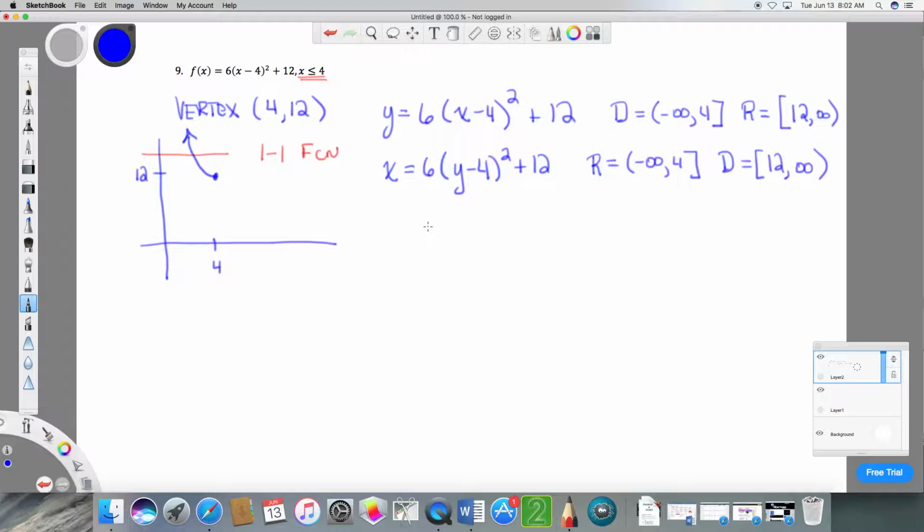So now what I want to do in order to find the equation for my inverse is solve this equation for y. So I'm going to subtract 12 from both sides. I'm going to divide everything by 6. I'm going to write my variable y on the left-hand side.